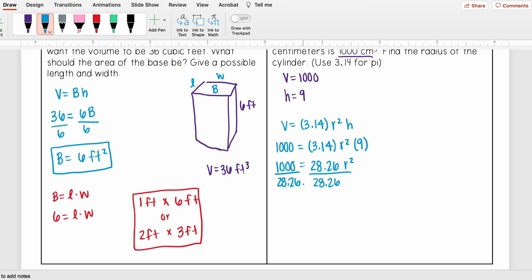And so when I do that, I get 35.39, somewhere around there. And then I want to take the square root of both sides. And so when you take the square root of both sides, you should get that R is approximately 6 centimeters.